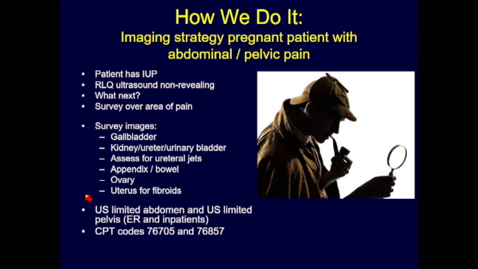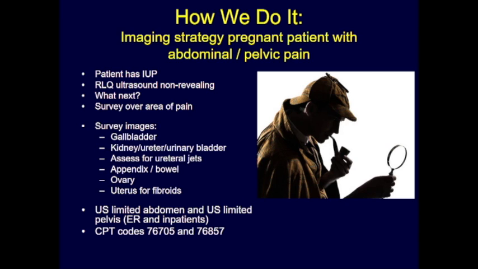So we actually created a new exam code in our system where we have combined an ultrasound abdomen limited with an ultrasound pelvis limited, so that we can scan both the abdomen and the pelvis and survey these common areas that can be a cause for pain.